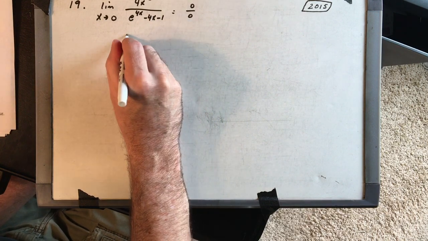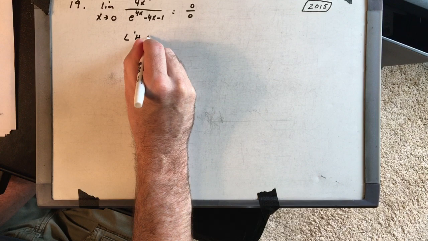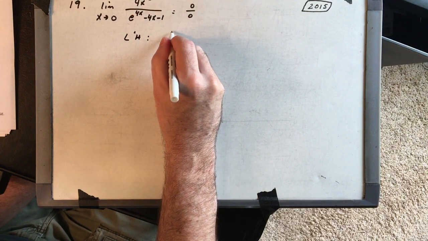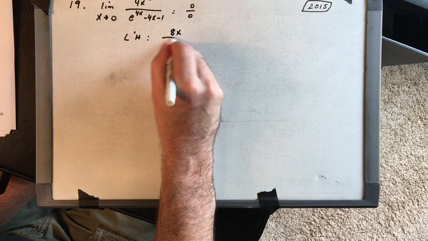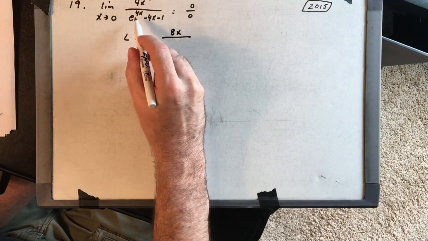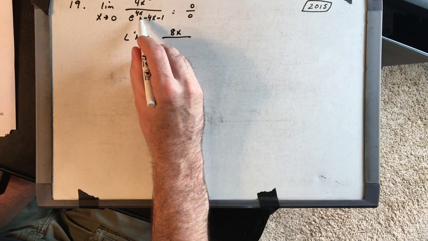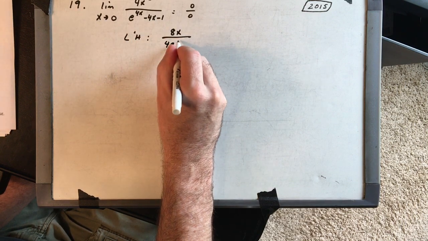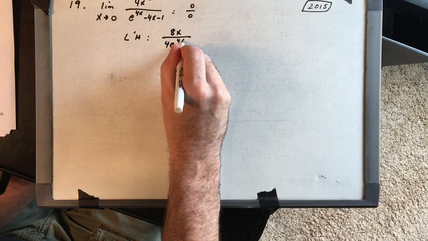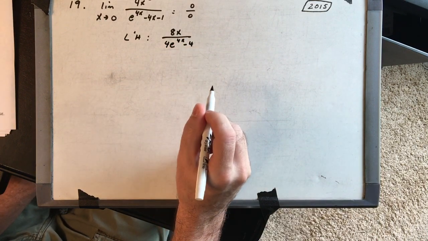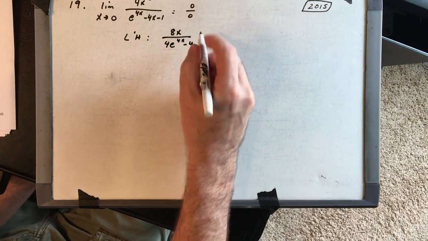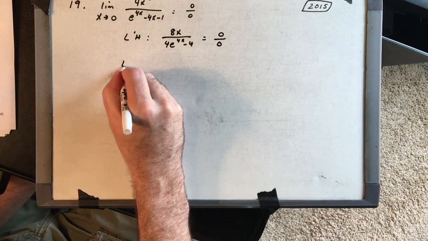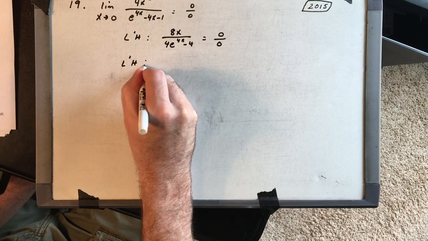Let's use L'Hopital's rule. So we're going to take the derivative. So the first derivative is going to be 8x, the derivative of 4x squared. And then the derivative of the bottom would be e to the 4x times 4, so 4e to the 4x minus 4. Now, if you plug 0 there, you're still going to get 0 over 0. But you get to do this as many times as you want. Take the second derivative.